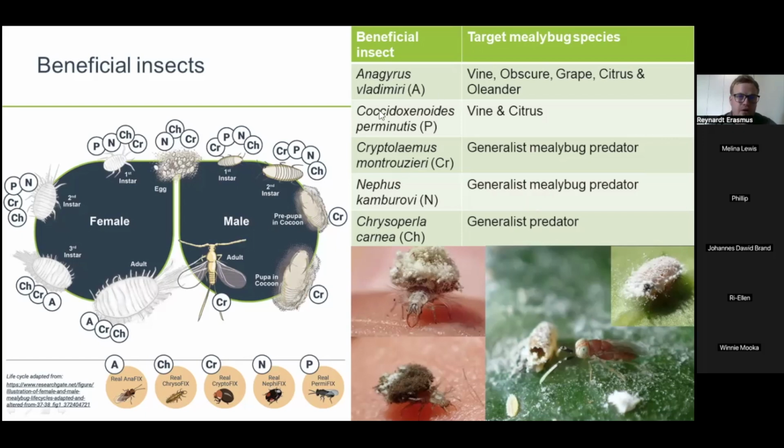Both of these are endoparasitoids. So Anagyrus effectively targets vine, obscure, grape, citrus, and oleander mealybug.